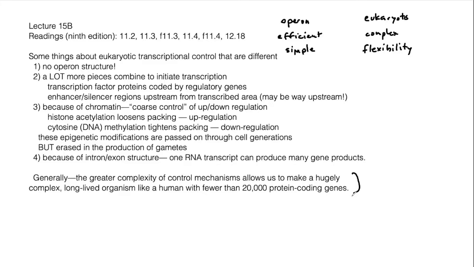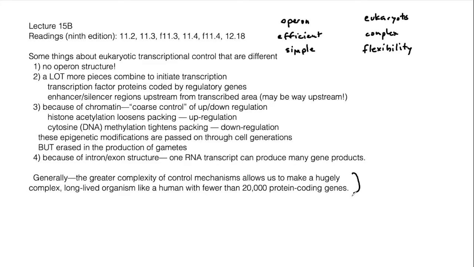And so one of the themes with today's lecture is how many ways we can account for a relatively small set of 20,000 genes allowing us to create the complexity that would otherwise be expected to need a much greater number of protein coding genes.